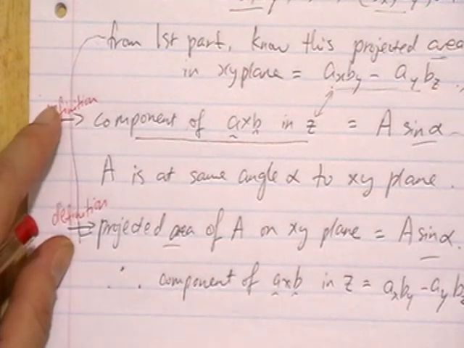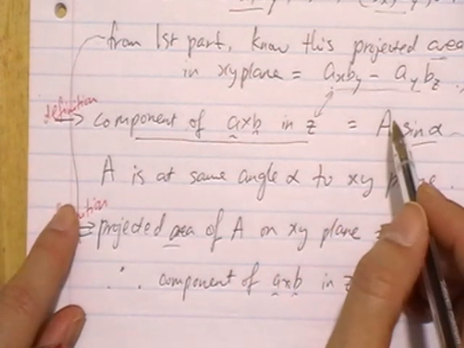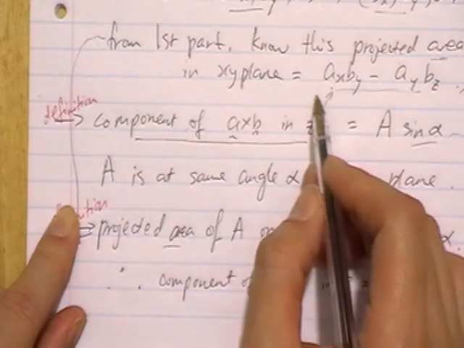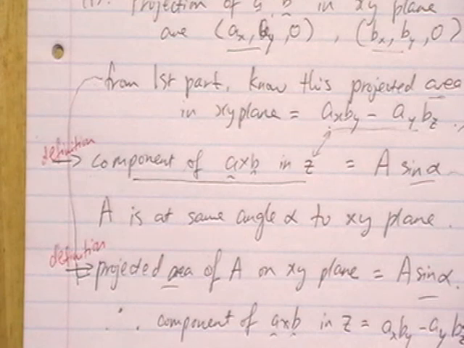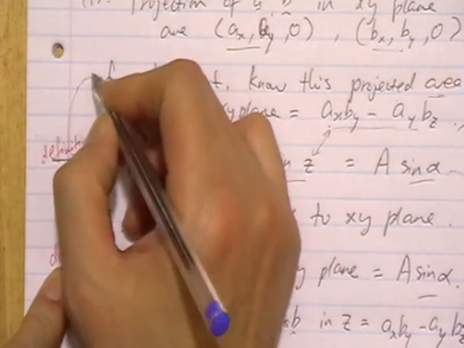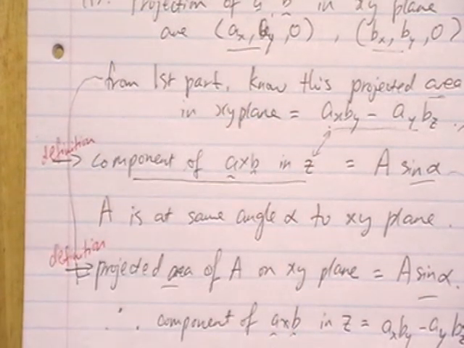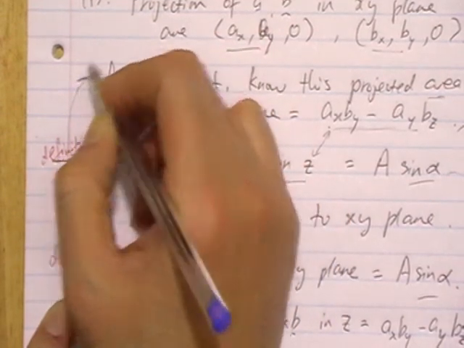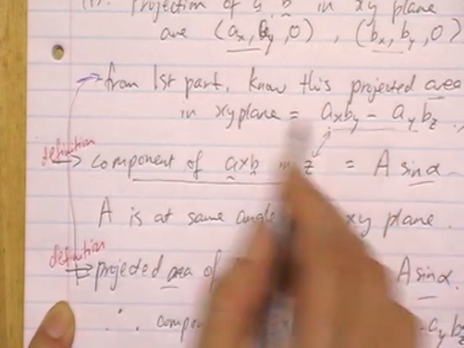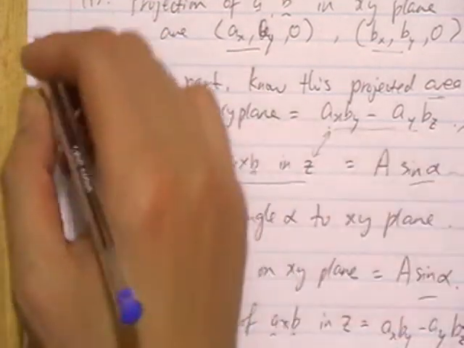Okay, and this part here comes from what we want to prove, right? This is what we want to prove.